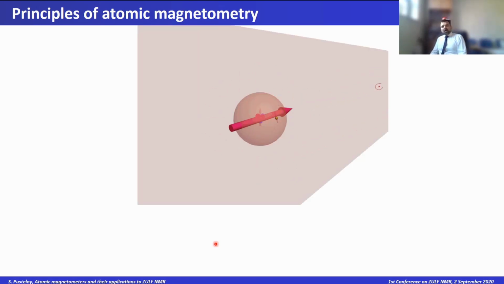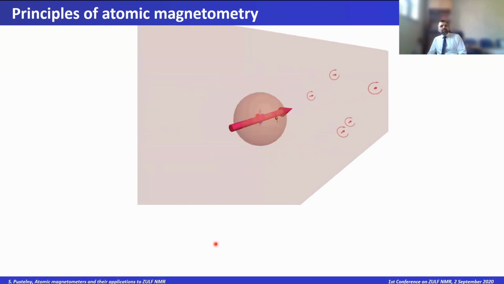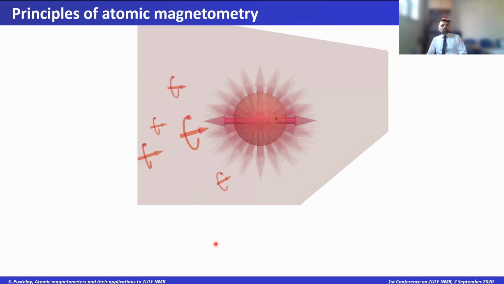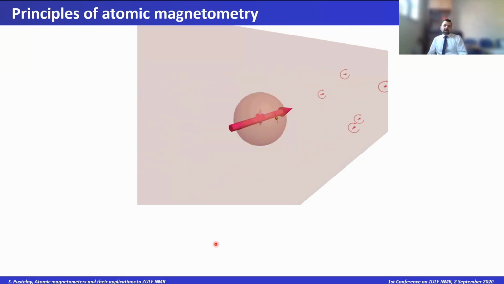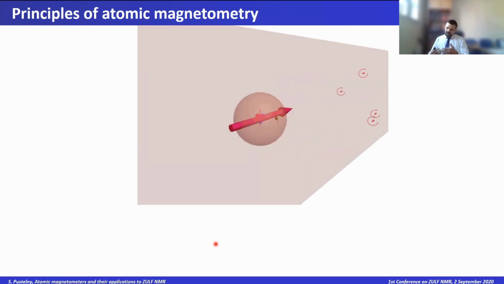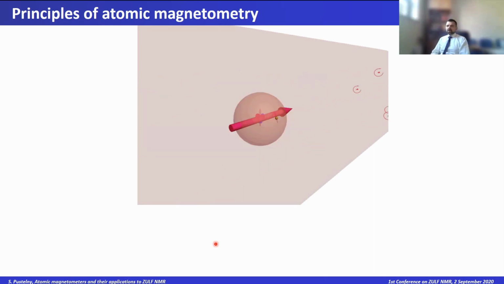So what we do right now, we are illuminating our atom with a beam of light. Of course, a beam of light is a beam of photons that are moving with respect to some object, with respect to space. And of course, to keep interaction between these two elements, between atom and photons, you have to conserve some laws.